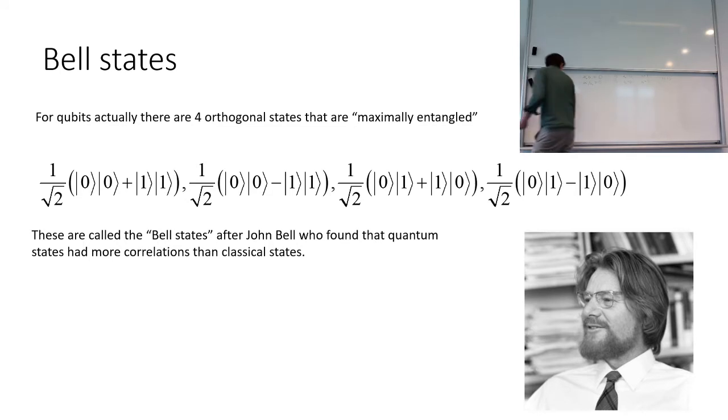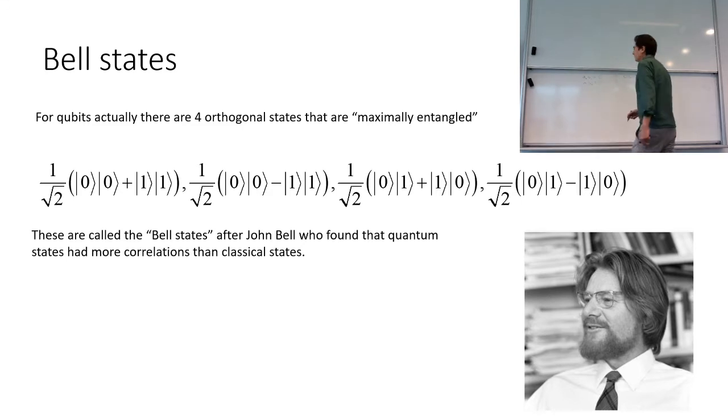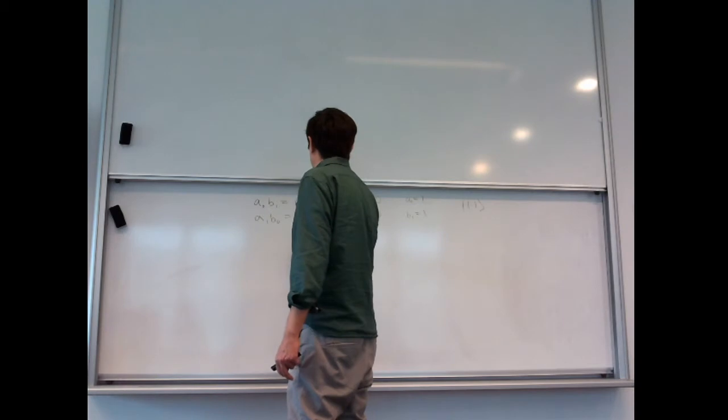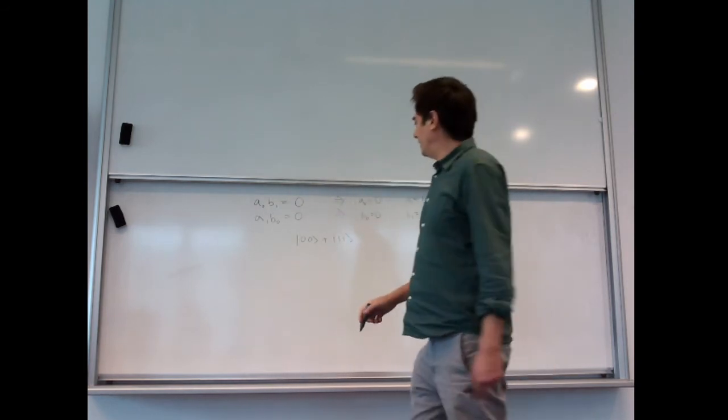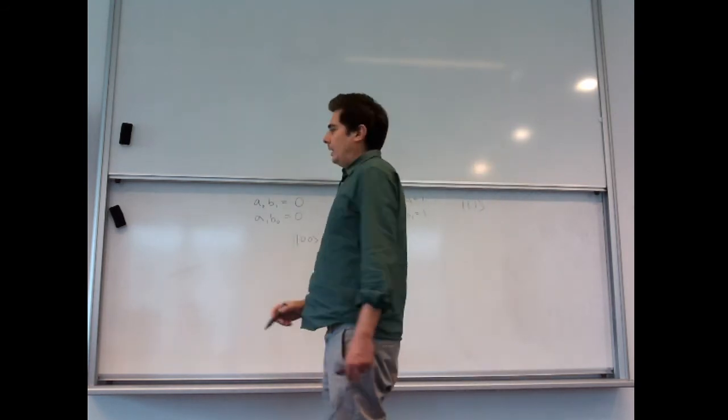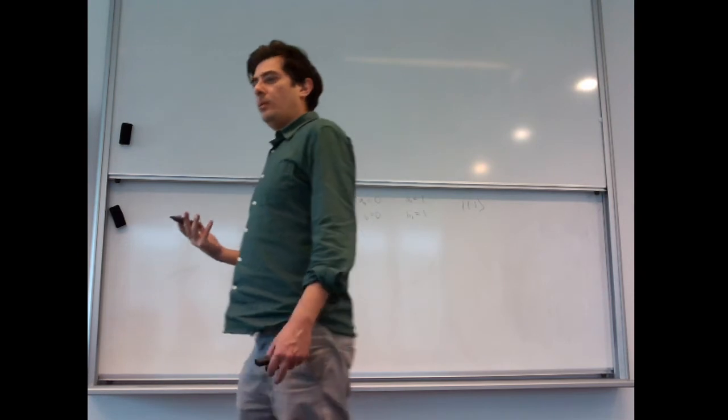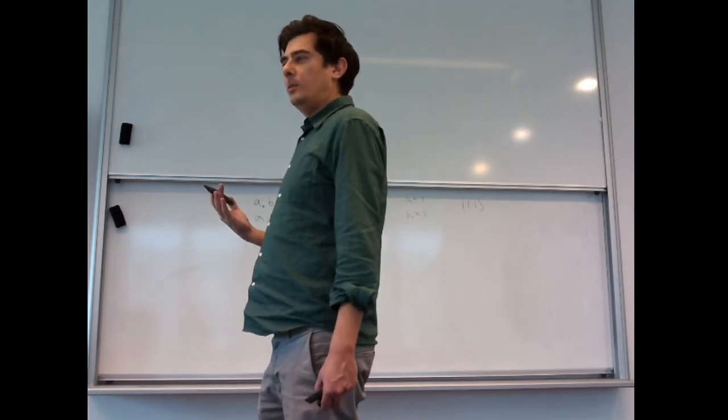Just to show you that they're orthogonal, let's take, for example, the first state, 0 0 plus 1 1. To show that it's orthogonal, what do we do?